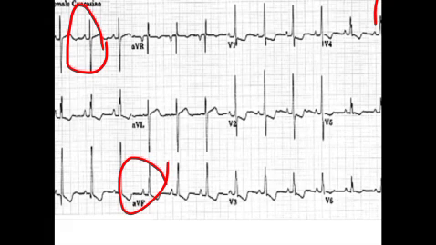So this is right axis deviation, because in lead 1 we have a taller S wave than R wave, and we have a positive R wave in V1.